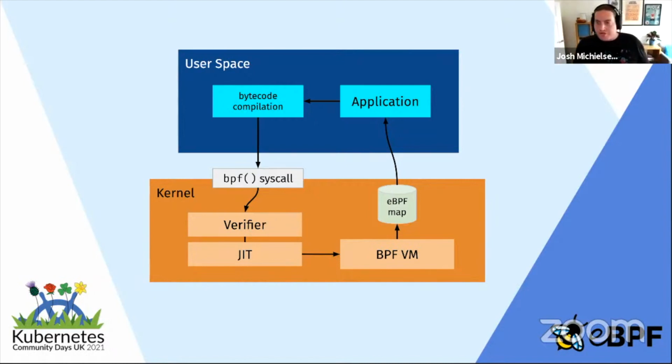The kernel will run it through the verifier and then through the just-in-time compiler, and load it into the BPF virtual machine where it will execute based on the hooks that you set within your code. And then when those events occur, they will be injected into the BPF virtual machine. Your code will run, you store that in a map, and then your application can access that map.